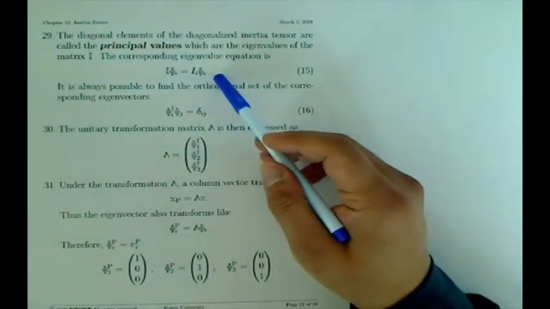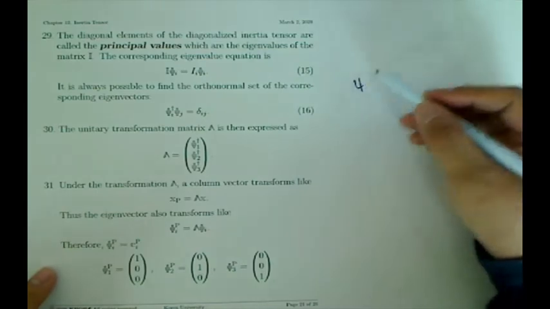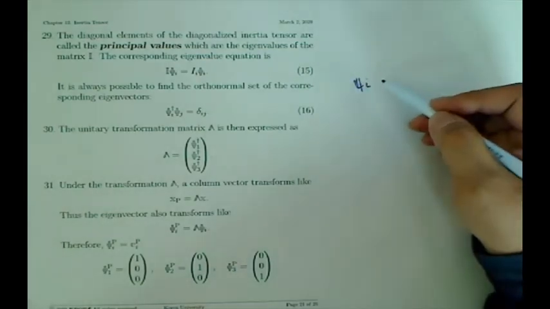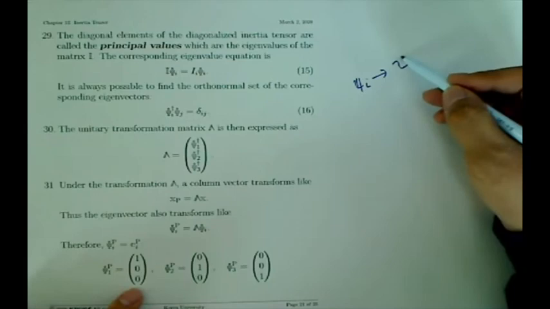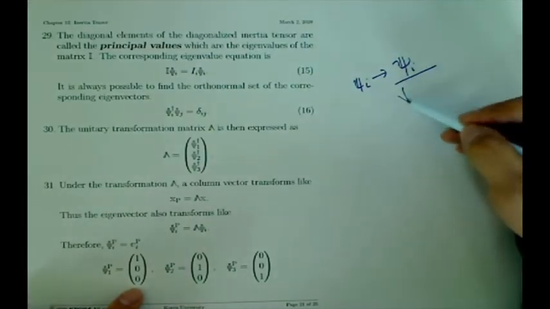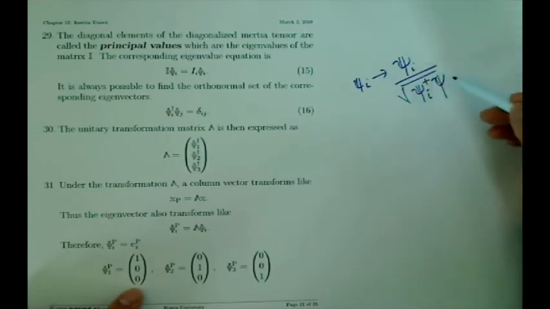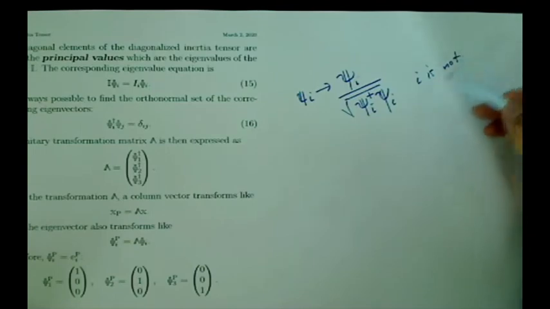We recall that the eigenvectors are orthogonal. We can always find the normalization once you find the eigenvector, where I is not summed over.